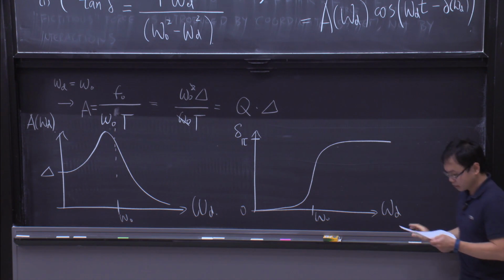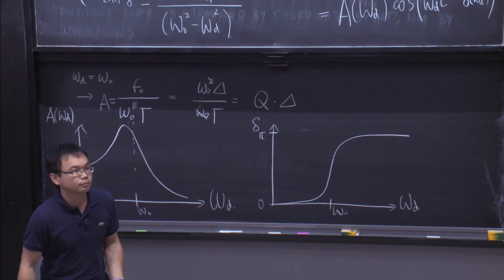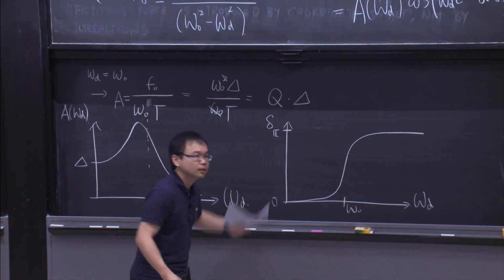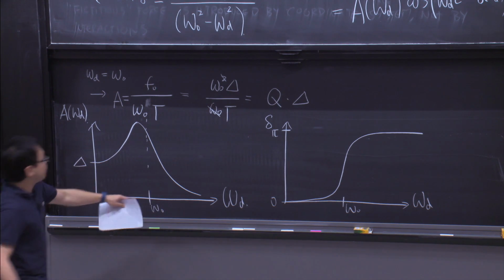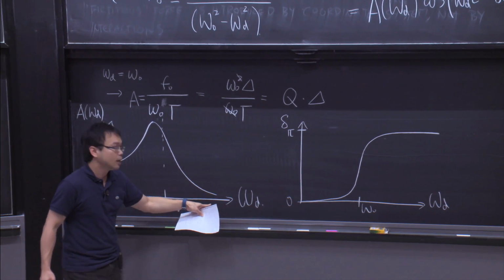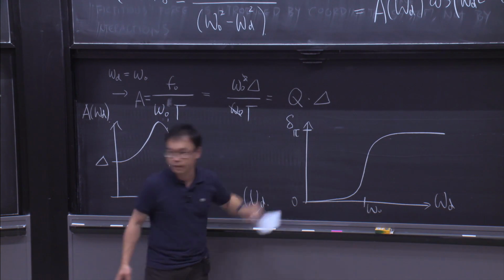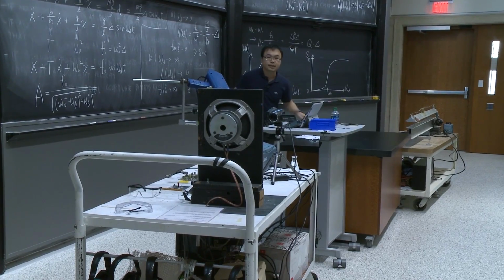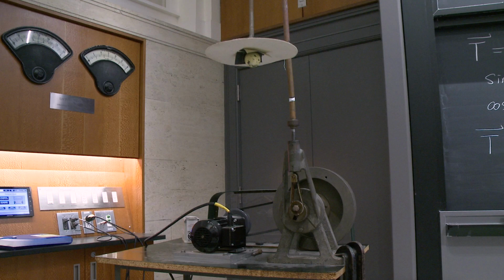So that means when you are shaking this system like crazy, at very high frequency, then the system cannot keep up with the speed. The amplitude will be very small, and also it will be completely out of phase. So let's do another demonstration using this little device here.